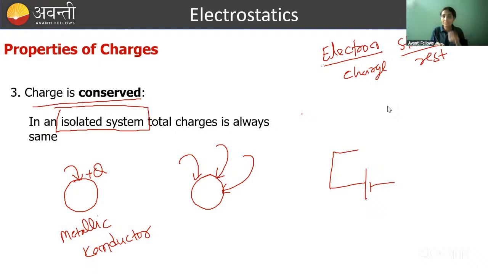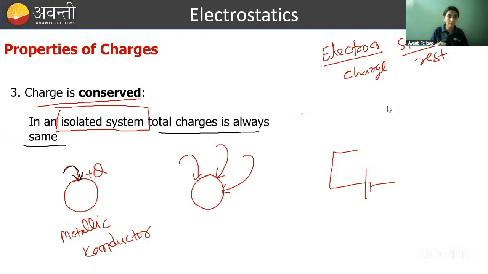So when the system is isolated, total charge is always the same. It is always conserved. So here the system is isolated. On this metallic conductor, charge at any time will always be equal to plus q. Done?